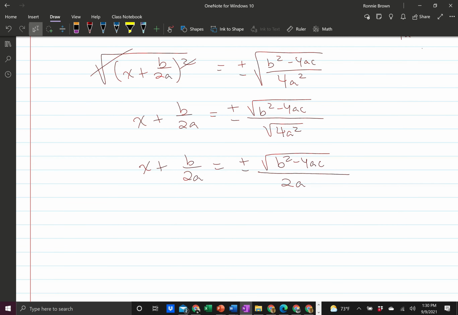Alright, next thing, we always want to solve. So the last step in completing the square method is to solve for x. We're always solving for the x. So we're just going to subtract this b over 2a from both sides, and that'll give us x is equal to negative b over 2a plus or minus the square root of b squared minus 4ac, and this is all over 2a.